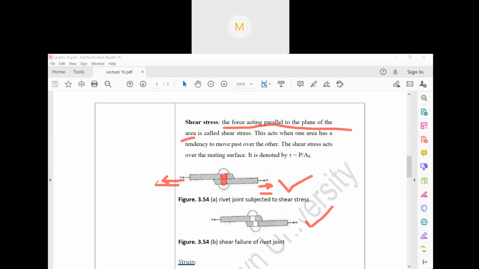Then what will happen? You are applying force here, you are applying force here.